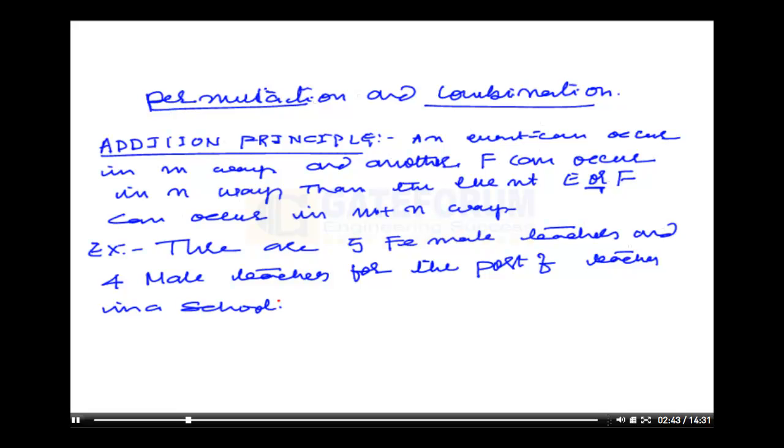The question: in how many ways a teacher is selected?